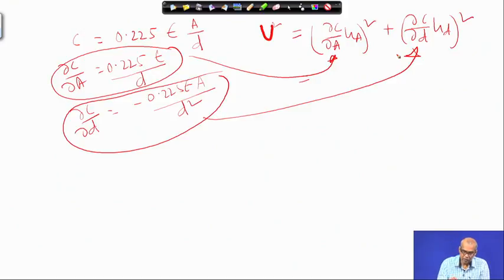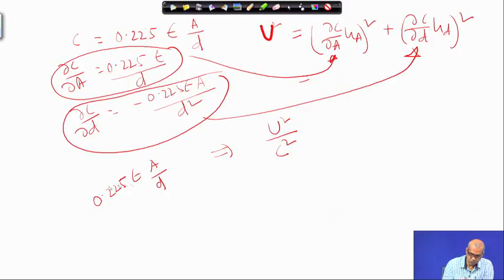After you do that, you divide this equation by C squared. That means you divide both sides of this equation by 0.225 epsilon A by d squared.